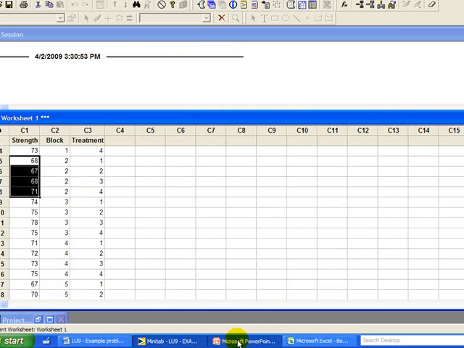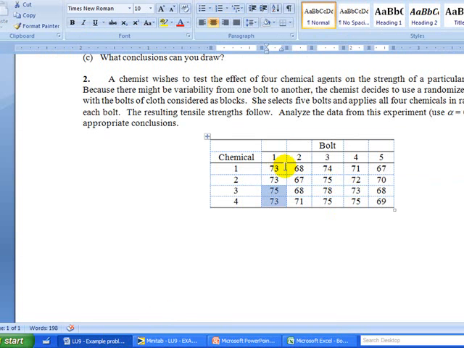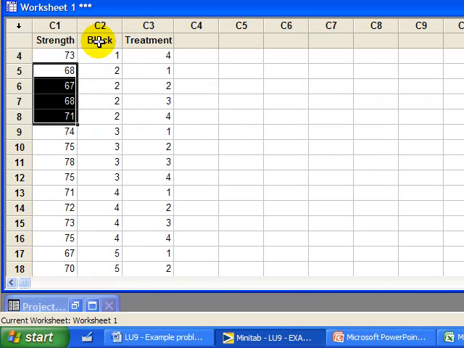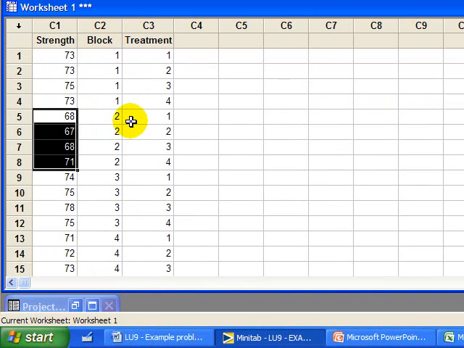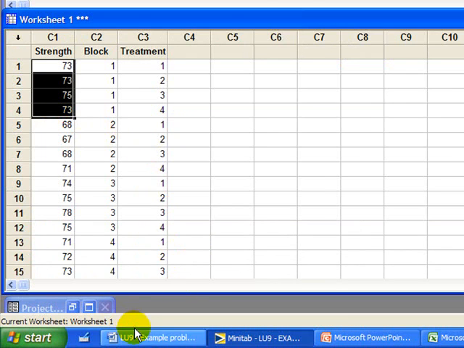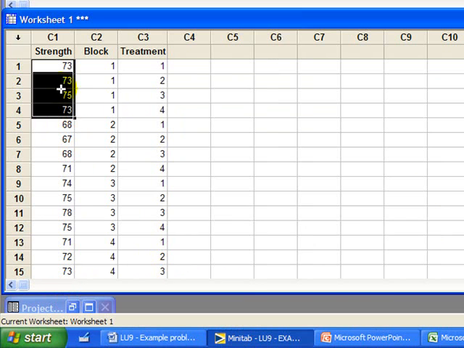Next is block, which is the bolt of cloth, right? So I entered the values. For the first 4 readings, what was the block or the bolt of cloth? It was 1, right?